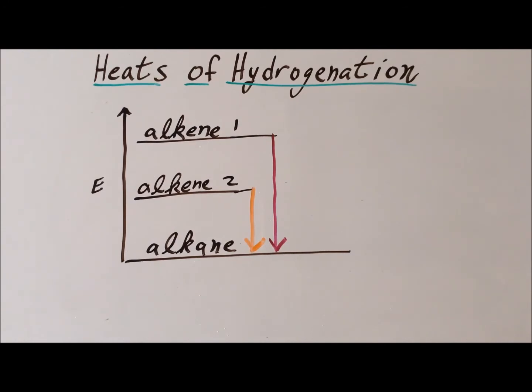So therefore, we have our rule of thumb that the greater the magnitude of the heat of hydrogenation, the less stable the alkene. The smaller the value of the heat of hydrogenation, the more stable the alkenes actually are.